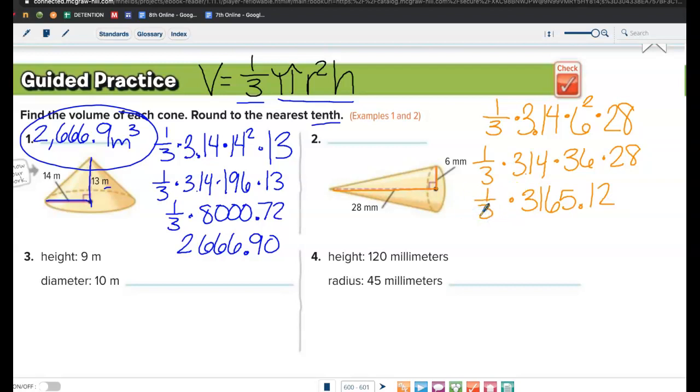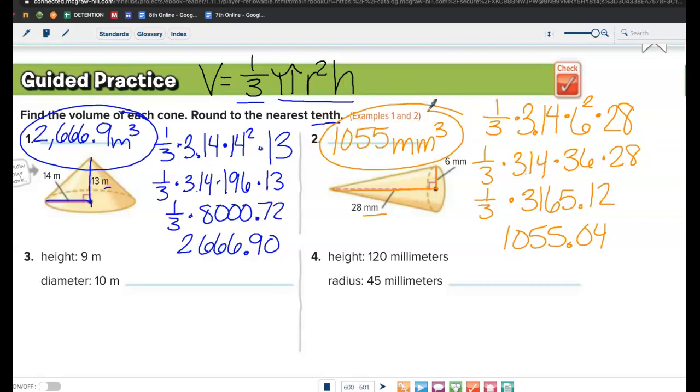Multiplying by 1/3 is the same as dividing by 3, and I get 1,055 and 4 hundredths. Again, I'm rounding to the nearest tenth, so my final answer is going to be 1,055 millimeters cubed.